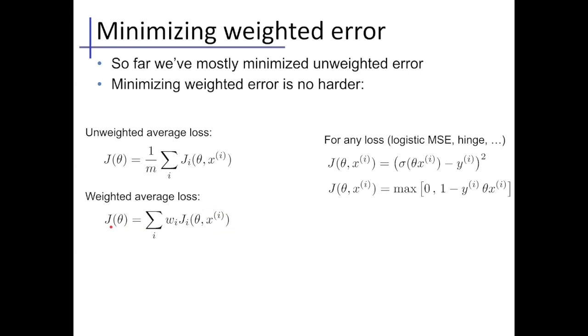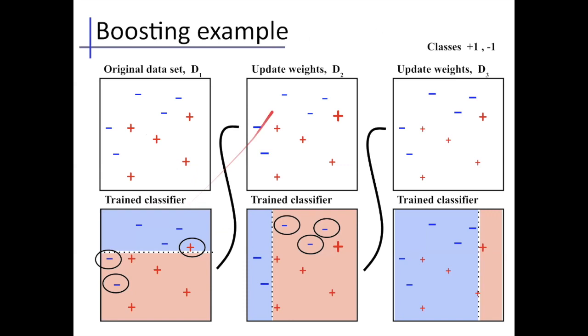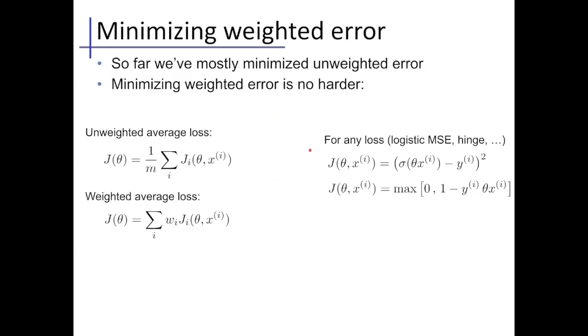So in a very straightforward way, instead of an equal summation of the loss from each individual sample, we weight those individual sample losses by the weights associated with the data samples, W sub i.